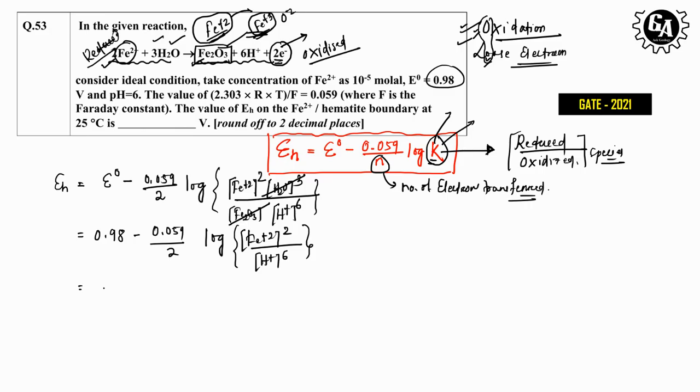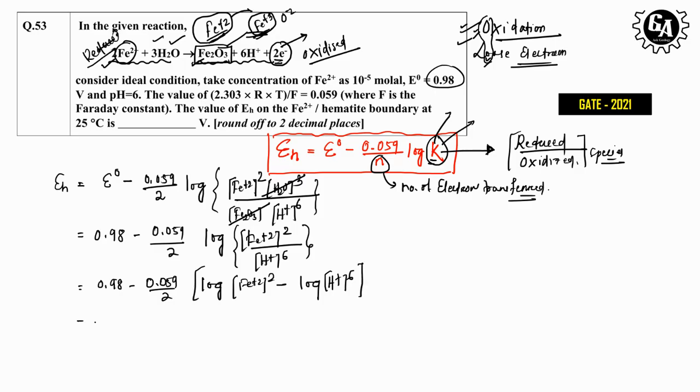So this is 0.98 minus 0.059 divided by 2, simply log [Fe2+]^2 minus log [H+]^6.